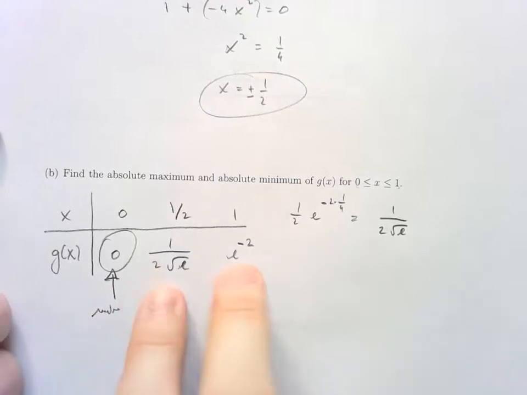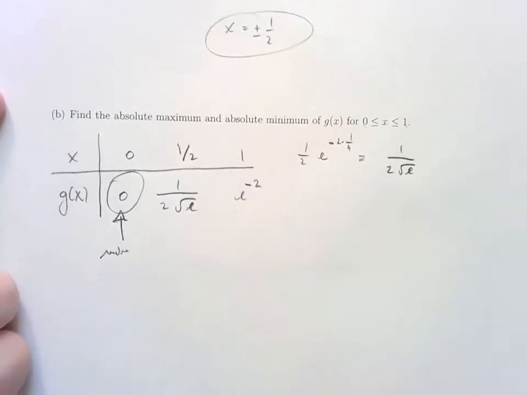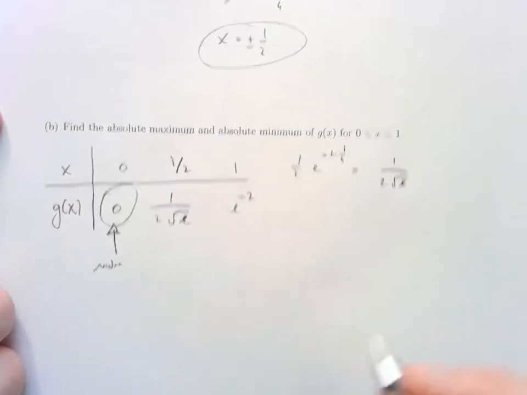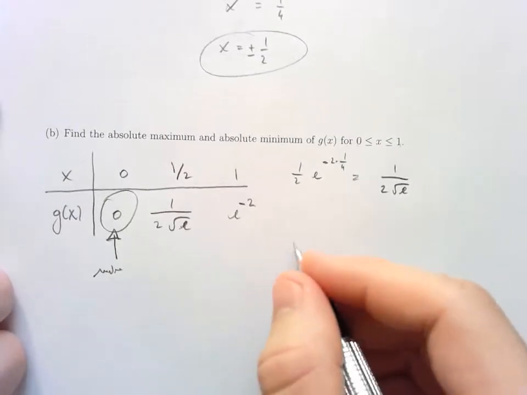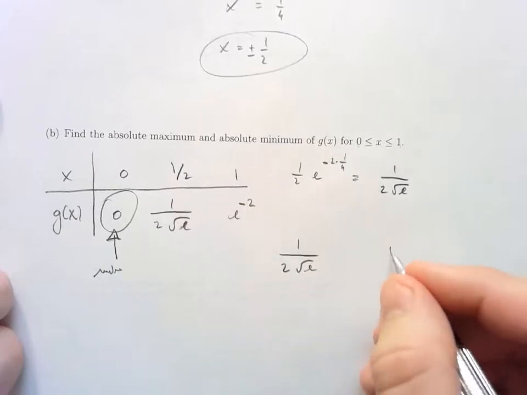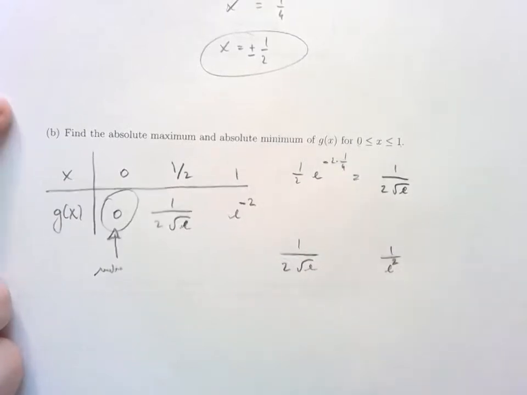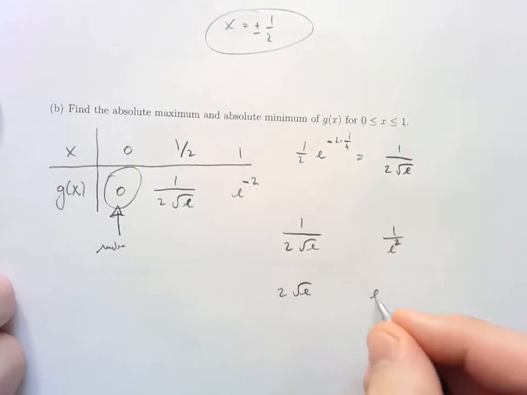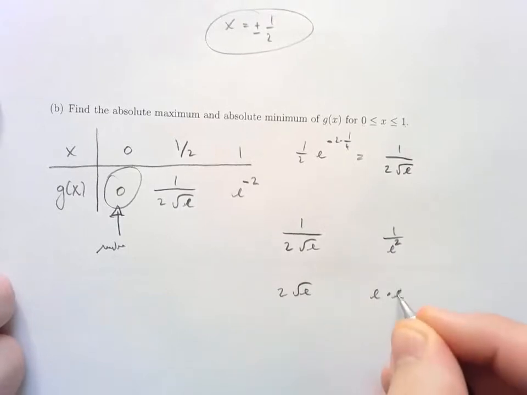However, we're going to have to figure out which one of these is our maximum. So let's take a look on how we do that. We have to compare the two. So I have to compare 1 over 2 root e with 1 over e squared. This is the same as comparing 2 root e with e squared, which is e times e.